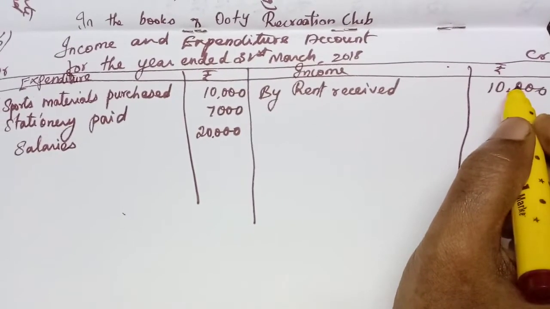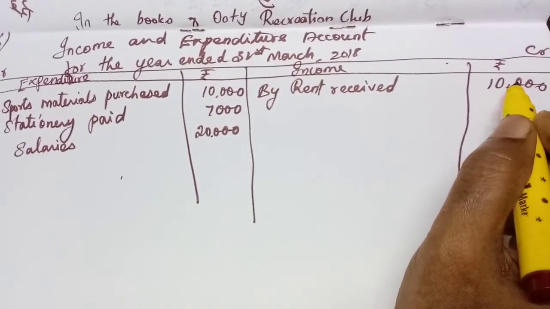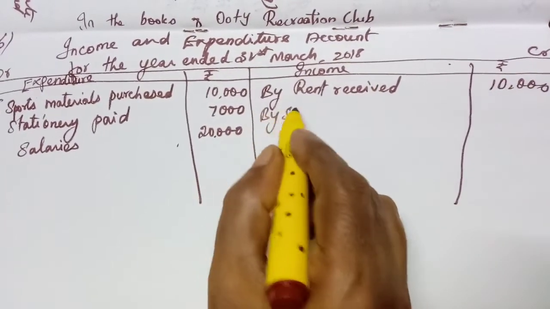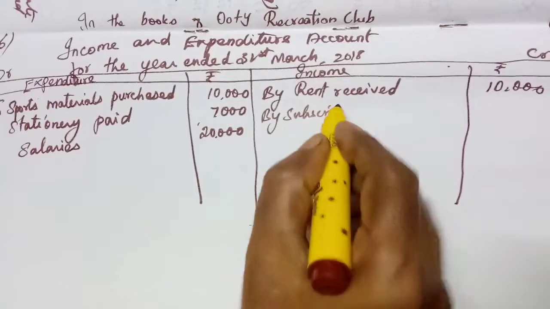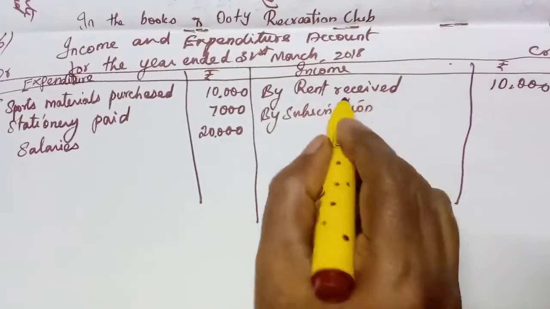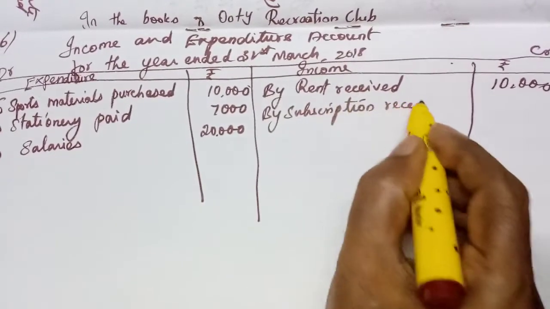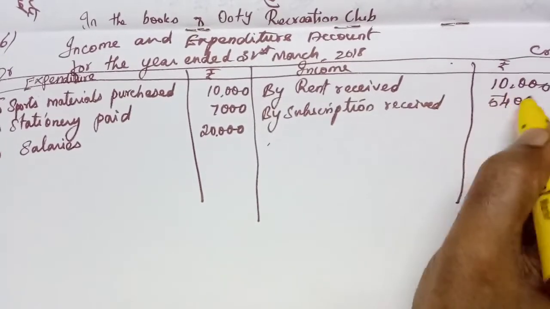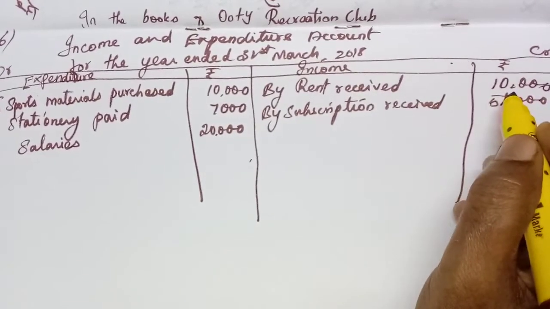Then sale of investment will not come, isn't it? Then subscription received, 54,000. That's all the items we have included.